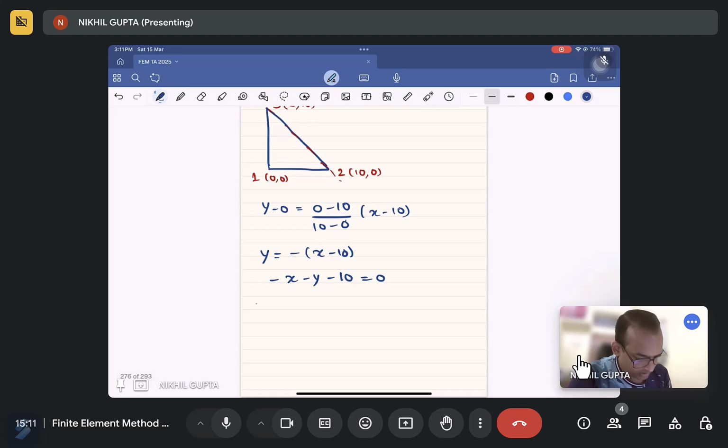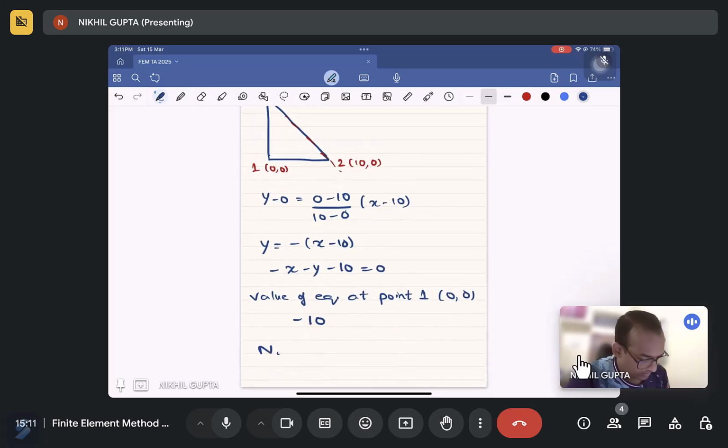Now take the value of the equation at point 1, which is (0, 0). When you put in the value, you will get 10.